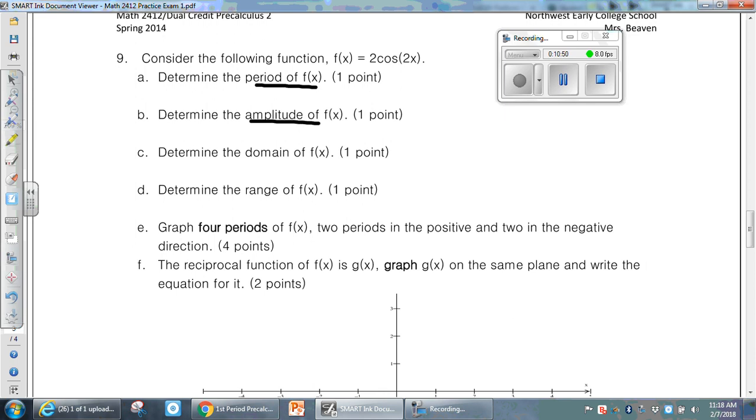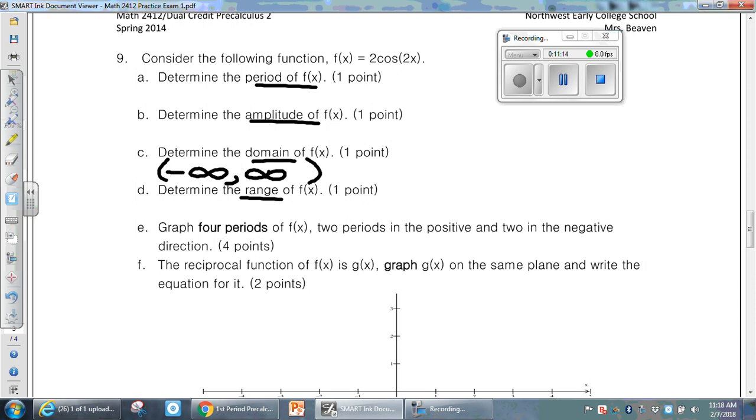The period, the amplitude, the domain, the range. I want you to notice that for both sine and cosine, the domain is the same, all real numbers, okay? And the range will be the same, but it depends on the amplitude, right?